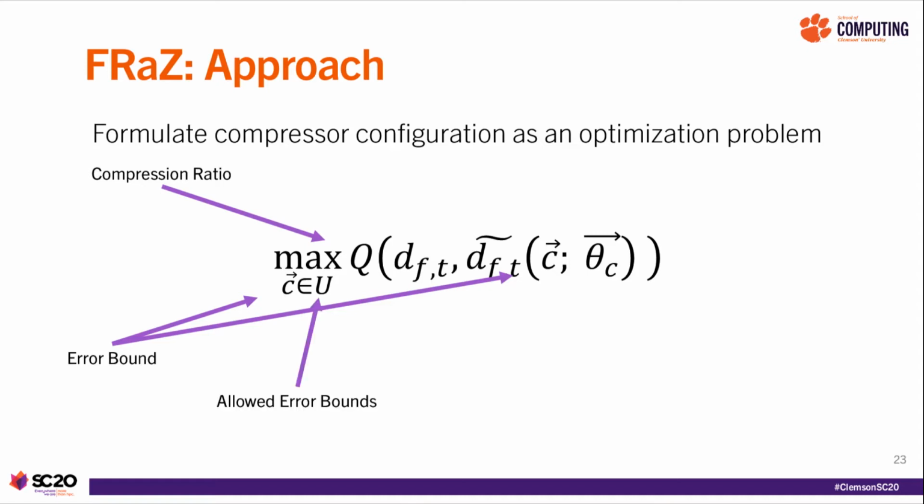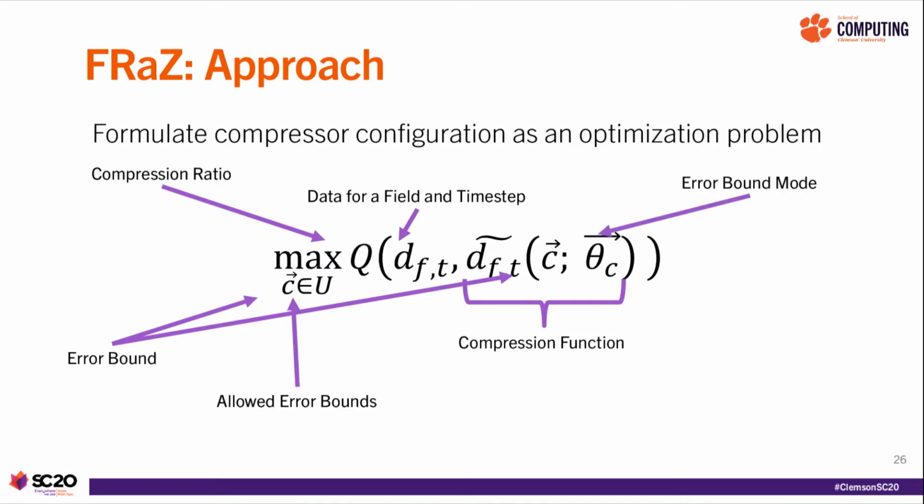Then we'll let the set U represent the set of allowed error bounds for the compressor, and D_ft represent a data buffer for a particular field and time step. From there, we have a compression function, d tilde_ft, which returns the buffer after it has been decompressed. Finally, we'll let theta_c be the error-bound mode if the compressor has one.